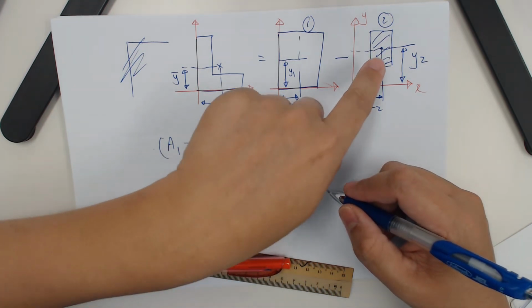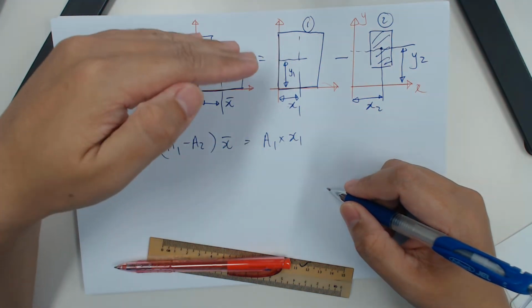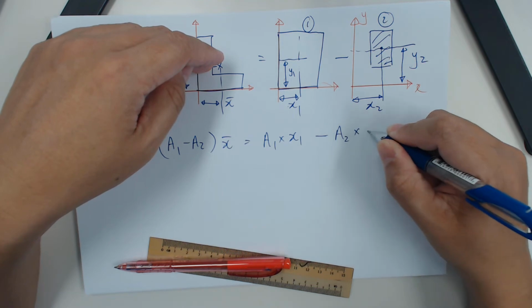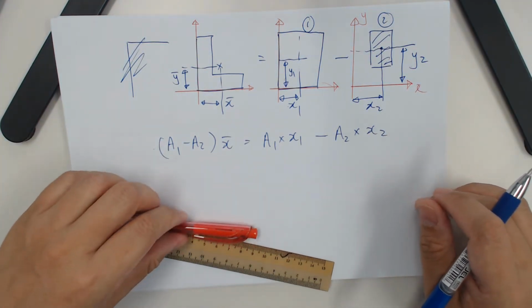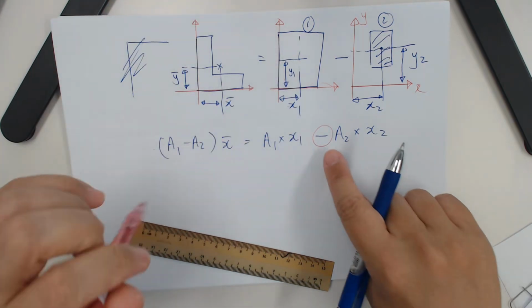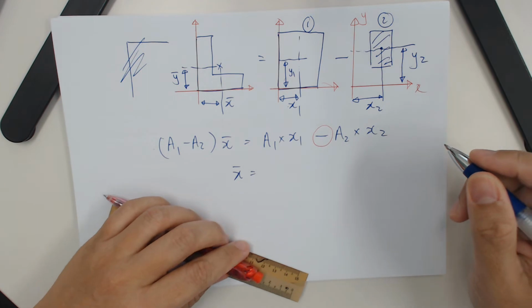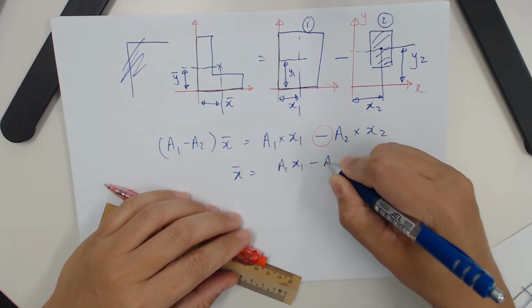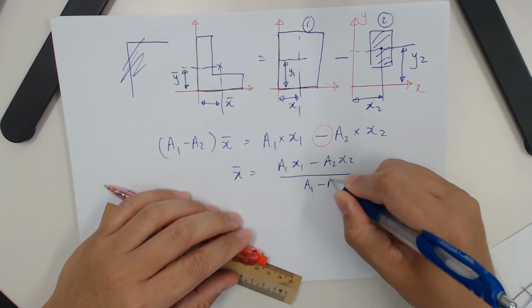But this time you know that rectangle 2 is minus, so you need to minus here: a2 times x2. This is the main difference here, and you have to be aware of this. So in actual fact, the equation will become a1x1 minus a2x2 over a1 minus a2.